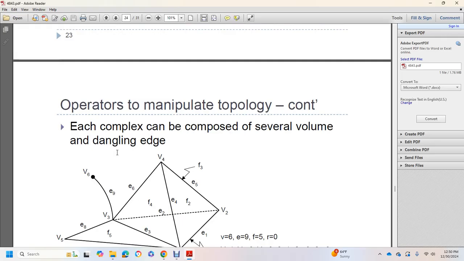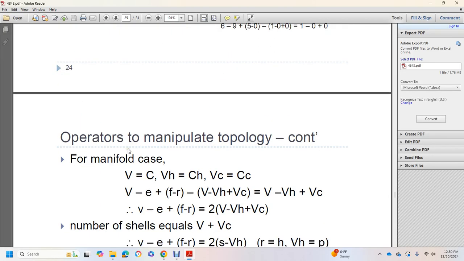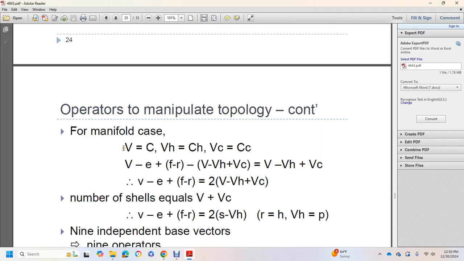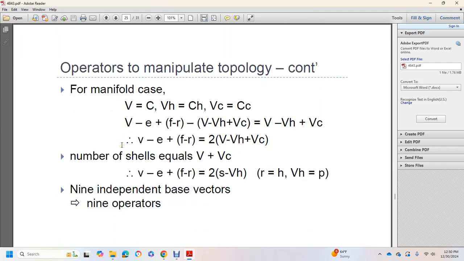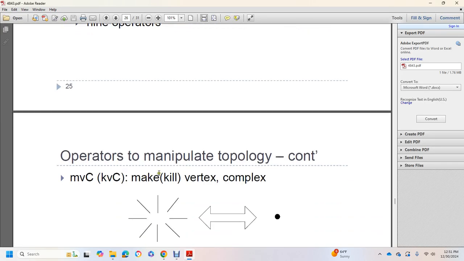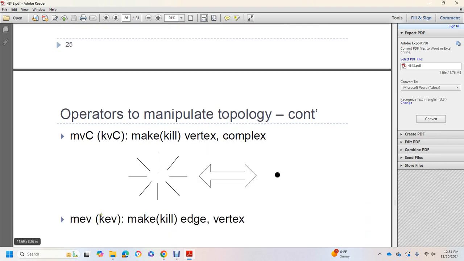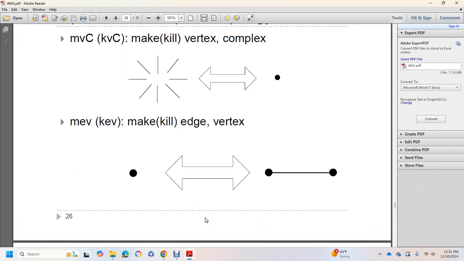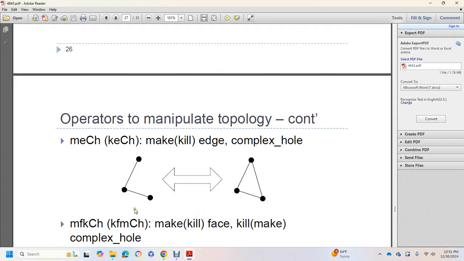Each concept is composed of several volumes and dangling edges. For non-manifold cases, nine independent base vectors give nine operators: MVC, KVC (make and kill vertex complex), make and kill edge vertex, make and kill edge complex hole, make and kill face, make and kill complex hole.